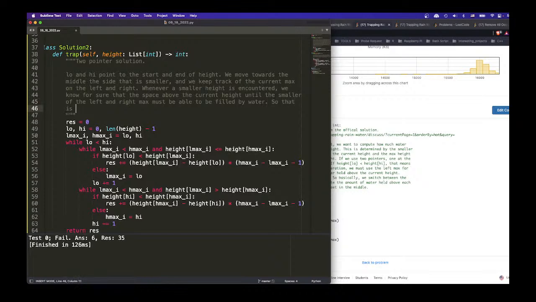So that is the amount of water trapped above the current height.